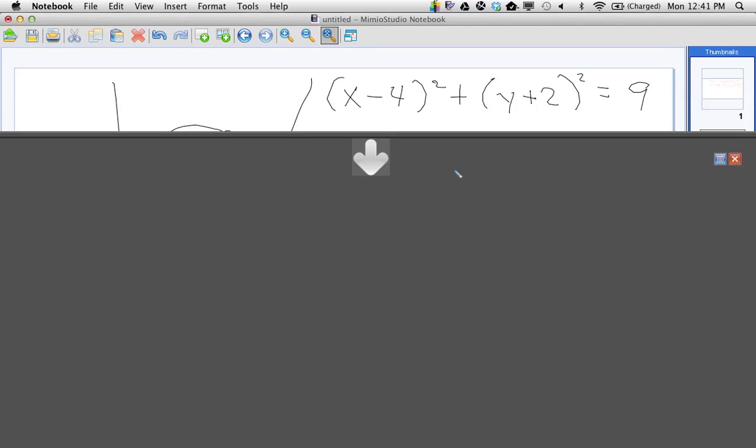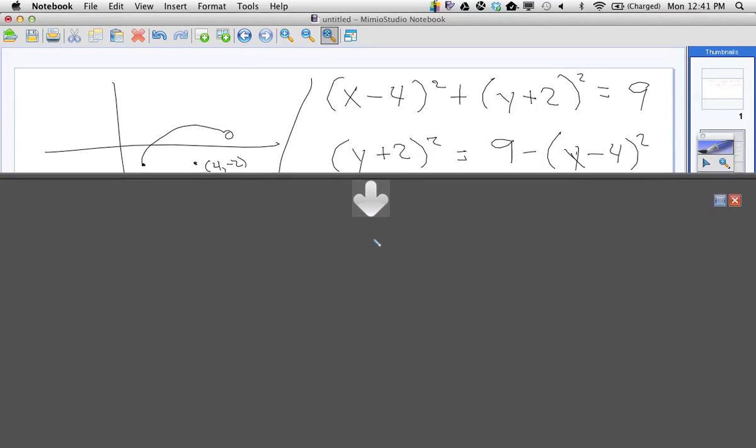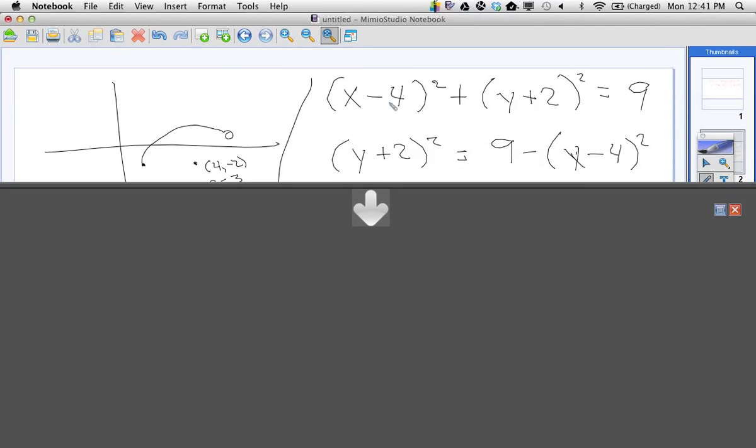Okay, so I got the first part of the equation, which you just have to know, right? You're just going to have to know the basic form of a circle equation, and we want to get the y by itself, correct? There's no need to FOIL out this x minus 4. Just leave it as a quantity that you would subtract over to the other side. What's the next step?